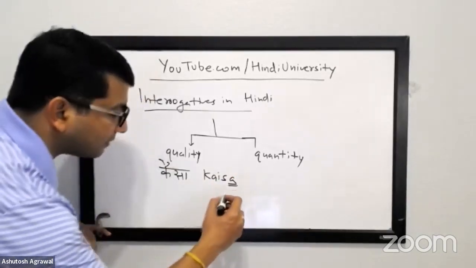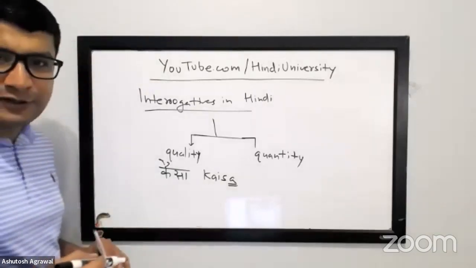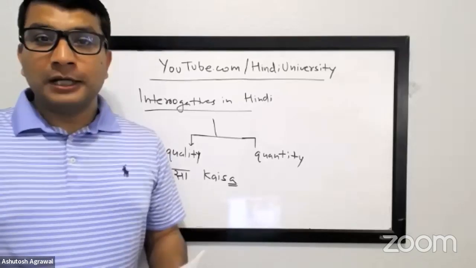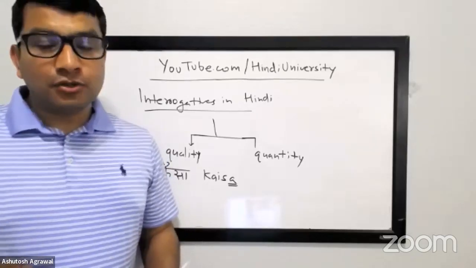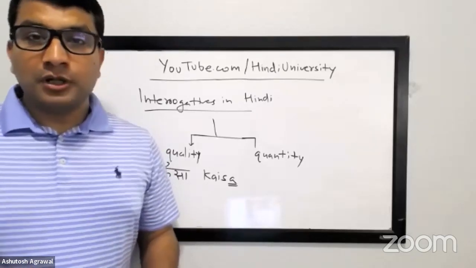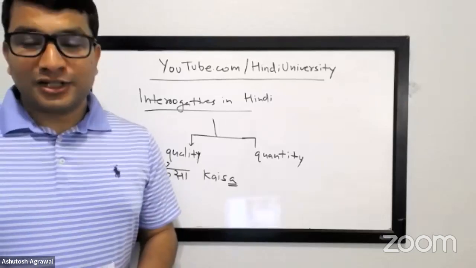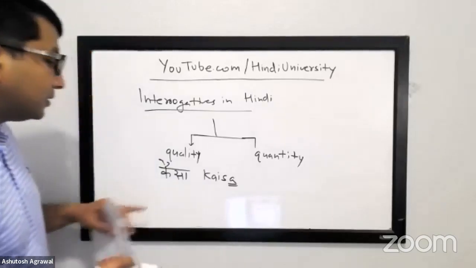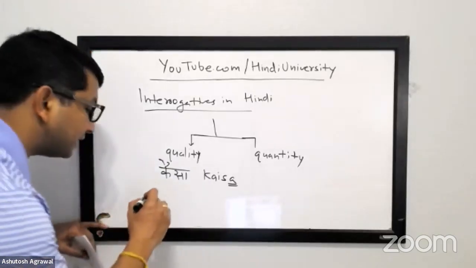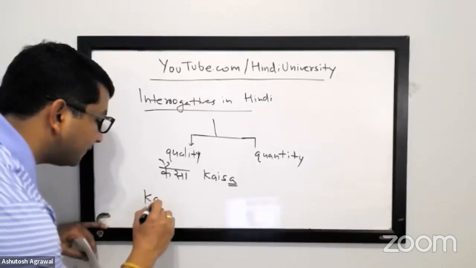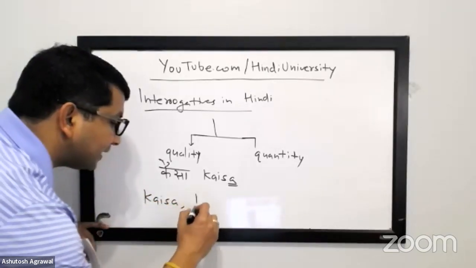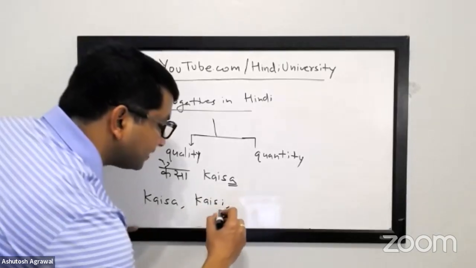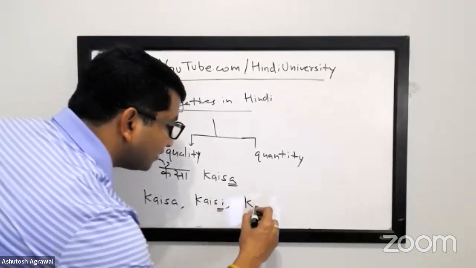Just like an adjective gets inflected, like acha, which is good, and based on which kind of noun it is used with, you say acha, achi, ache, this interrogative behaves just like that. So you have kaisa, kaisi, then the plural is a nasalized sound kaisi, and the masculine plural is kaise.